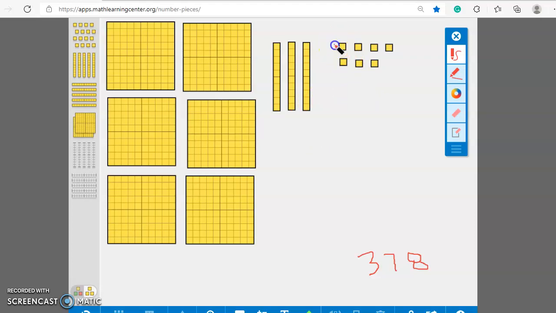So, we're just going to cross these out. Can I just put little dots since it's easier? Sure, as long as you know that we're not using those anymore.